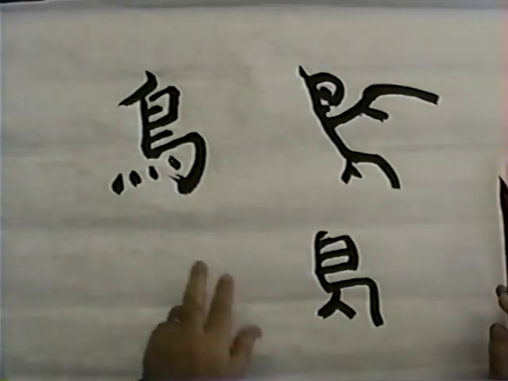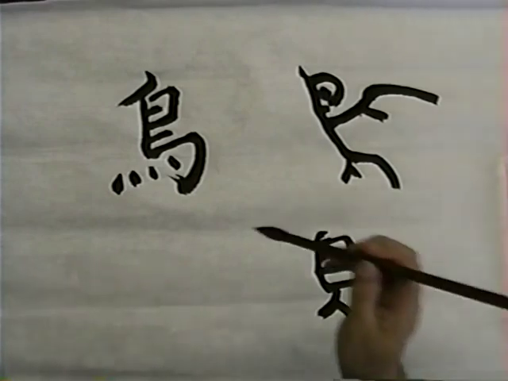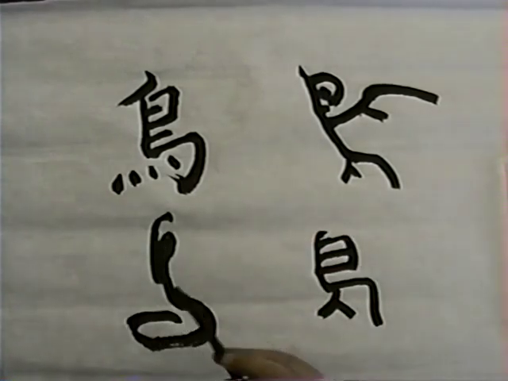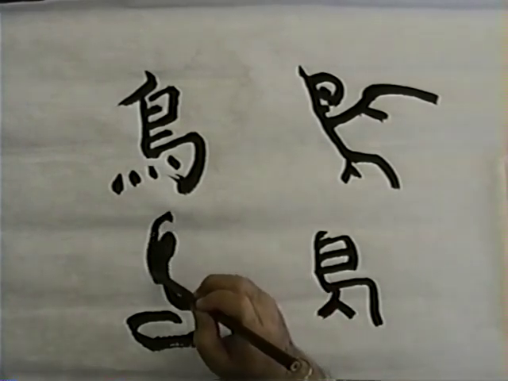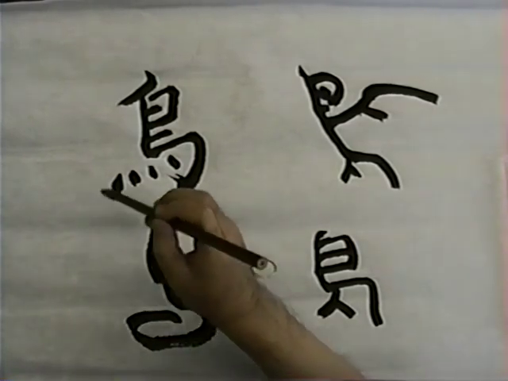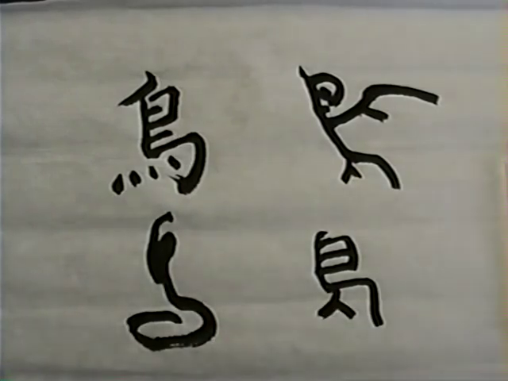This is the character today to say bird or birds, but here surely it's just one bird. Now if we move fast, it will be like this. Here still the beak, the head, and the body, and we do not know why people invented to have one line to represent the 4 strokes.